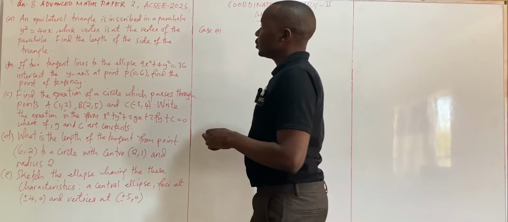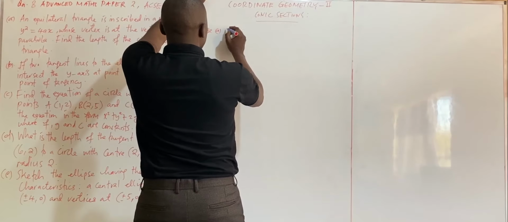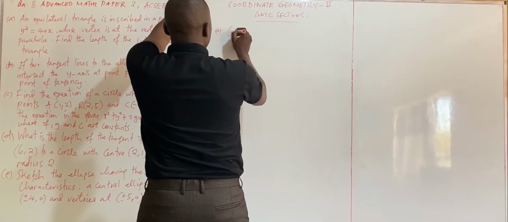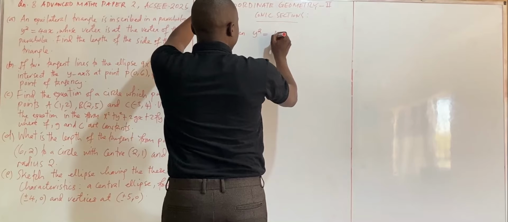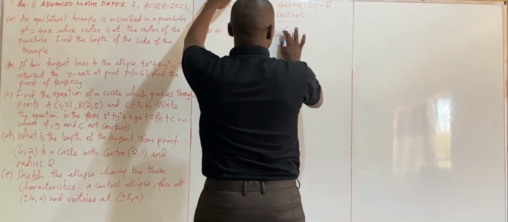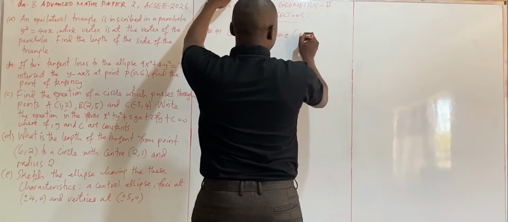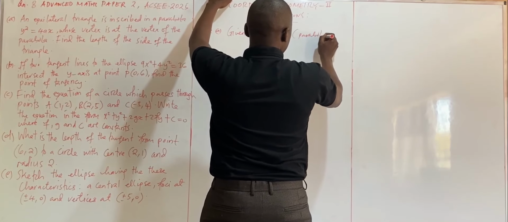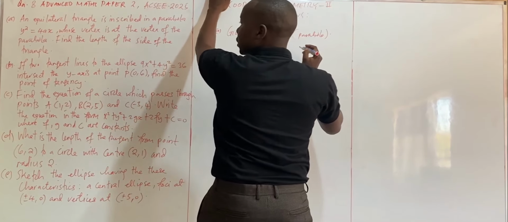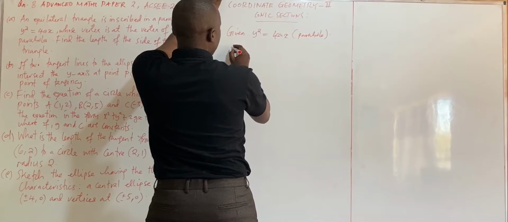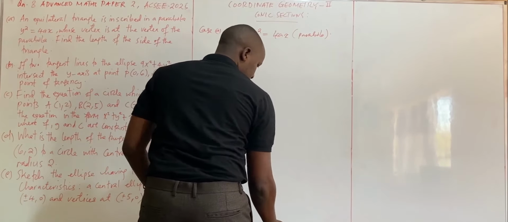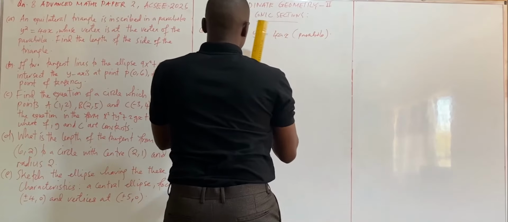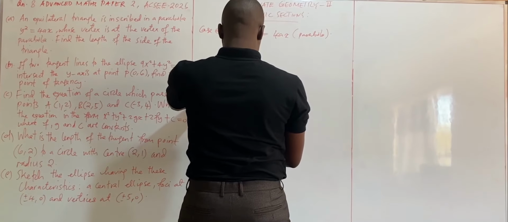Now let's design a diagram. Given the conic section, the parabola y squared equals 4ax, and an equilateral triangle, we draw the XY plane.